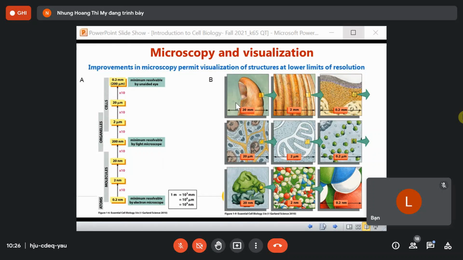I think you already use a ruler, right? So can you recognize two points 1 millimeter apart? I think no, I can't.